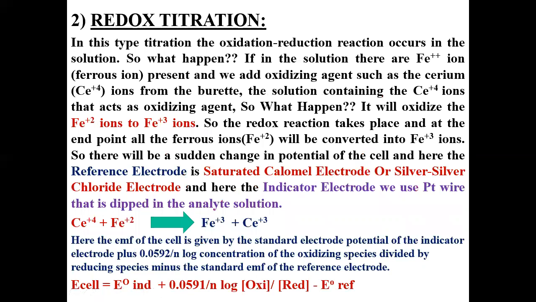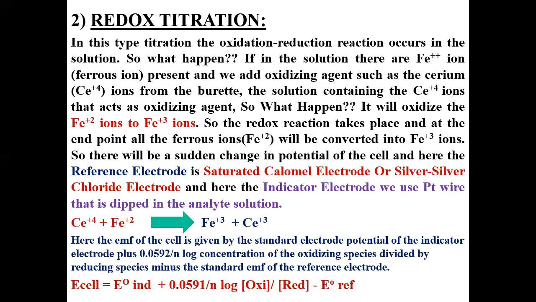The second type of potentiometric titration is the redox titration. In this type of titration, an oxidation-reduction reaction occurs in the solution. So what happens if in this solution there are ferrous ions, Fe2+ ions present, and we add an oxidizing agent such as cerium Ce4+ ions from the burette.